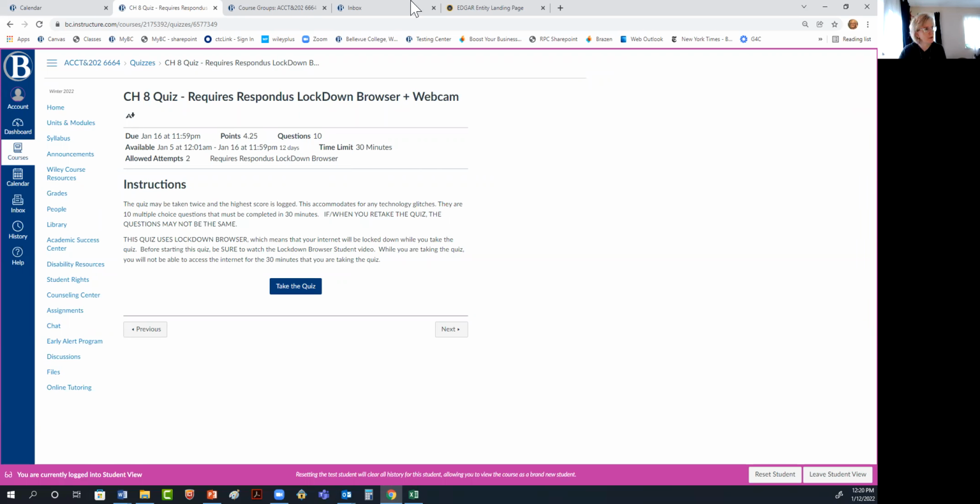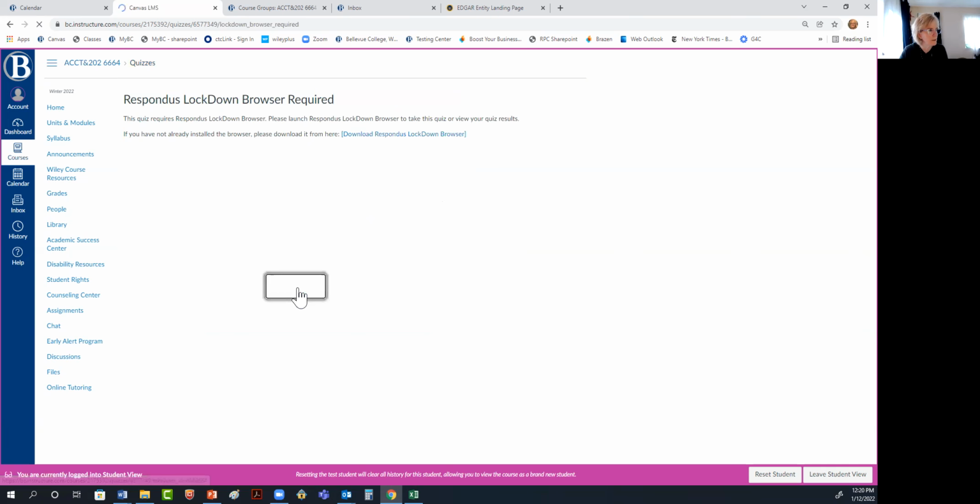If you're a student and you've never used Lockdown before, go ahead and click on Take the Quiz. It won't start the quiz. It'll say Lockdown Browser required, and you'll have to download it. It will not let you download it unless you've closed all your other tabs and signed off of everything but the quiz.